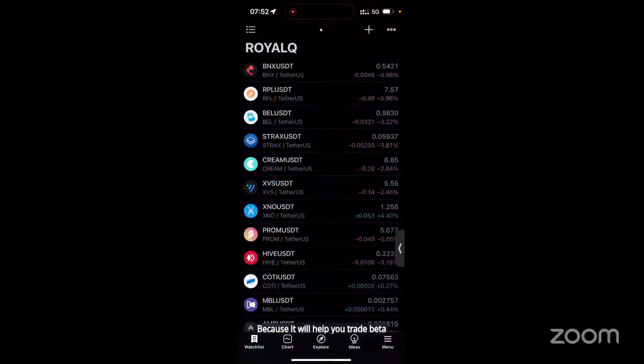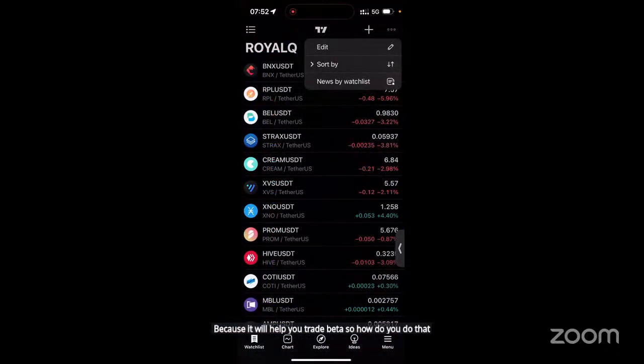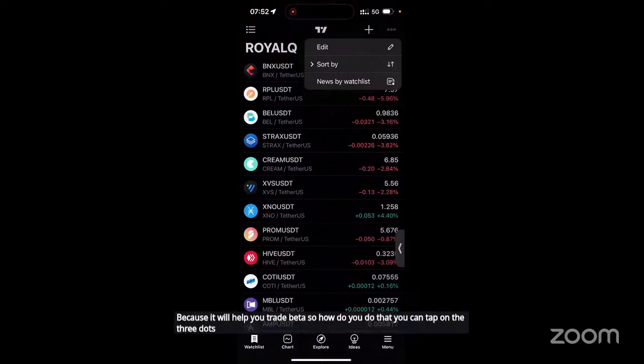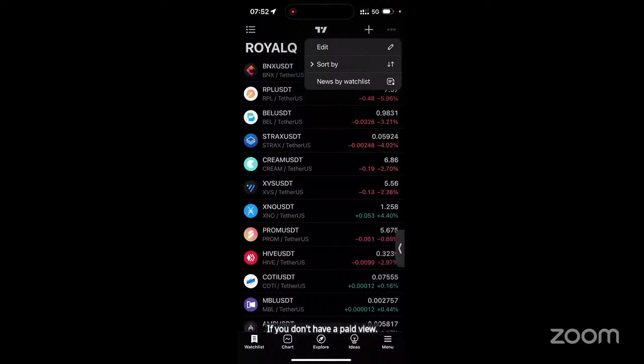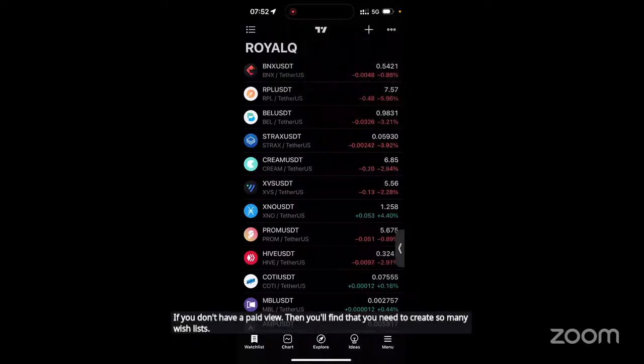So how do you do that? You can tap on the 3 dots if you are using an iOS and create a new watch list. If you don't have a paid view, then you'll find that you need to create so many watch lists to help you keep trading.